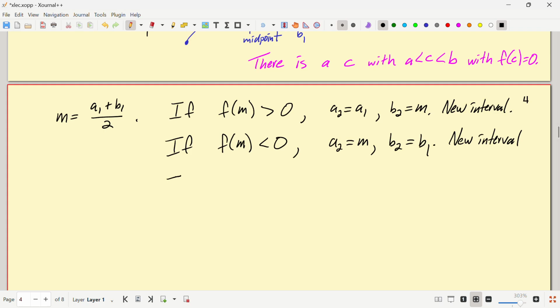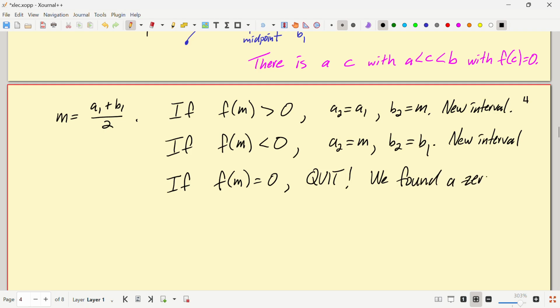If it's equal to 0, we're done. I found a 0. Quit. We found a 0. Think of this as a computer problem. So I'm computing these values and just following my nose by an algorithm.